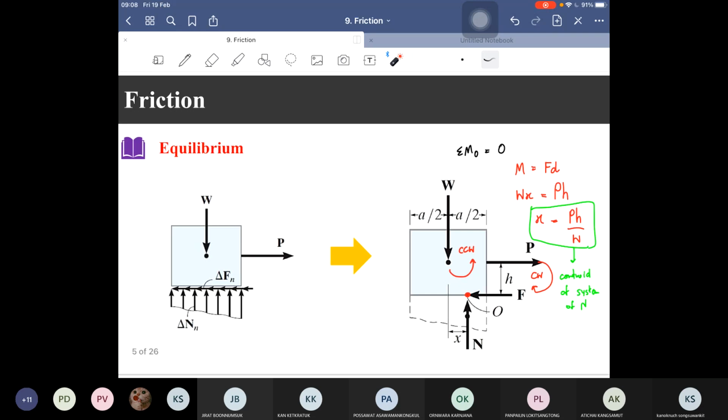And also you have to consider the equilibrium of moment. For any object that you apply force to, there is also friction.